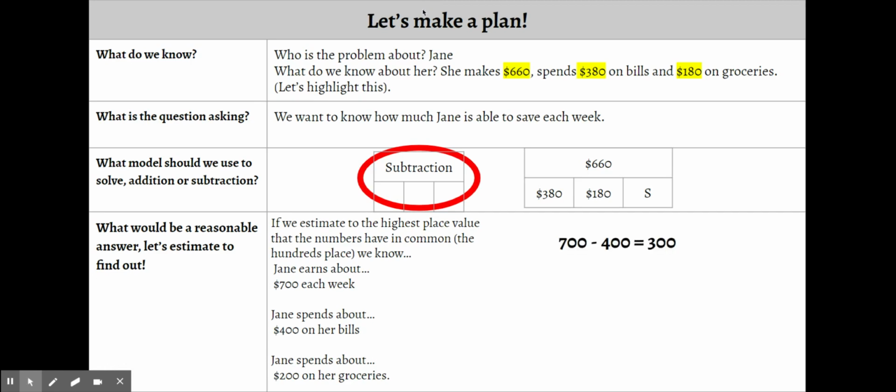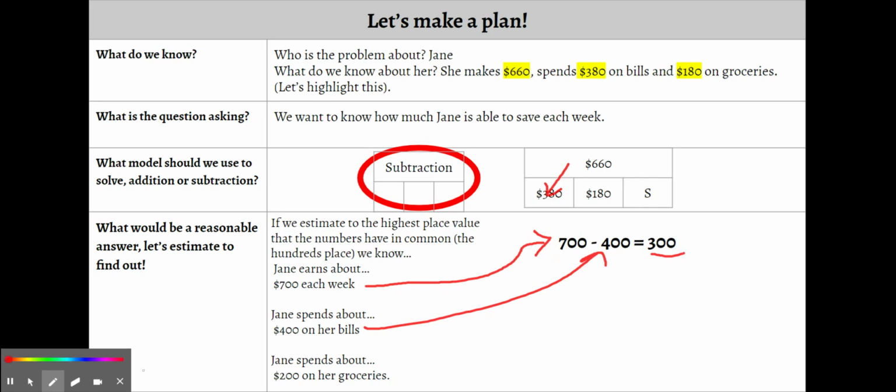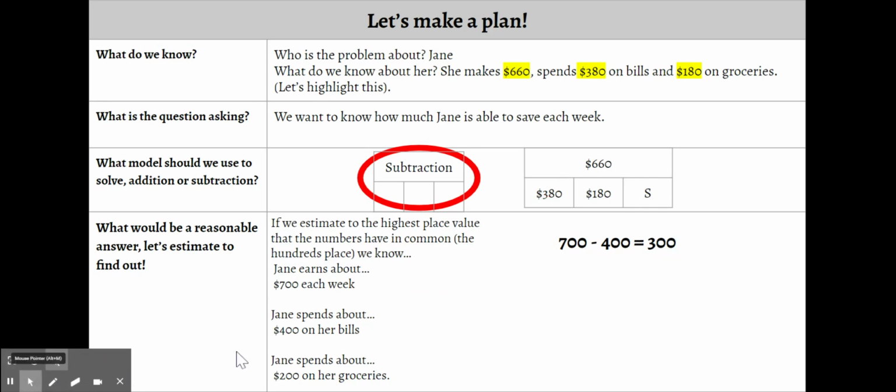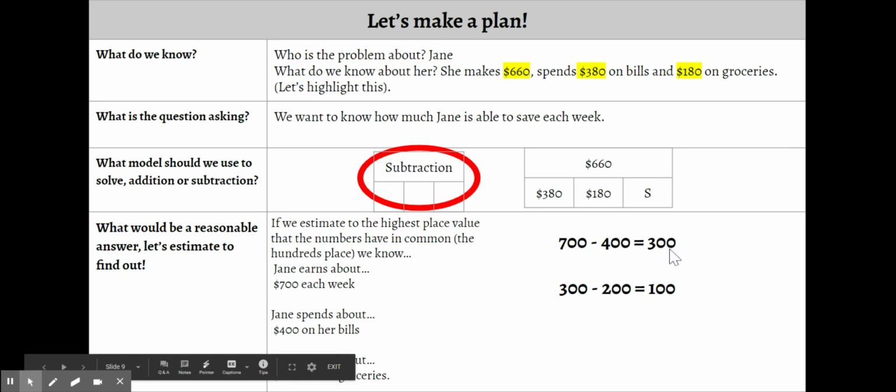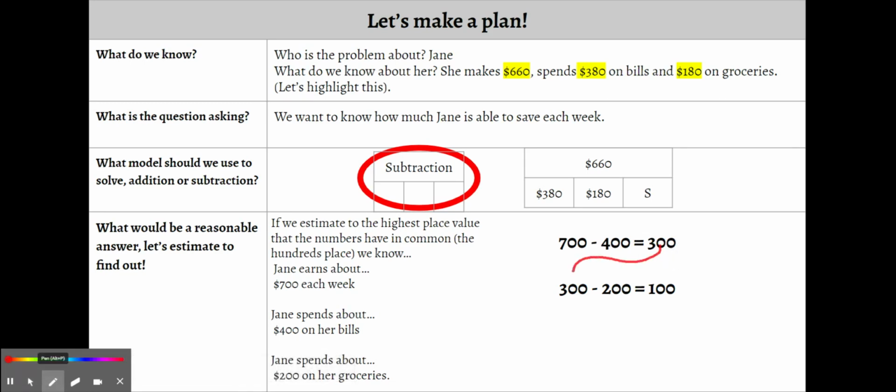So now we needed to make a number sentence. Our number sentence we get from taking our total, which is 700, and we know we need to take away the estimate, which was 400, and we end up with 300. And then we need to rewrite this 300, and we're going to take away the number that we have left, which is 200.